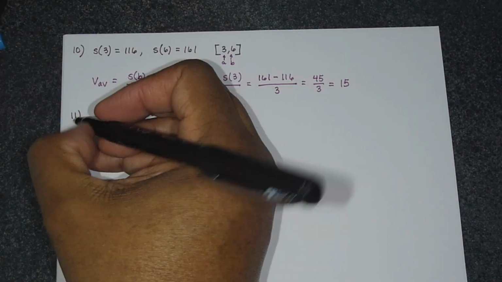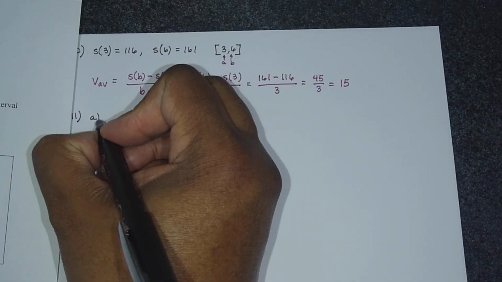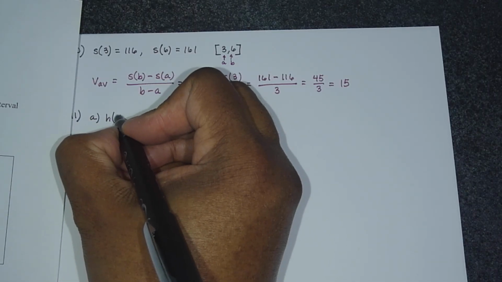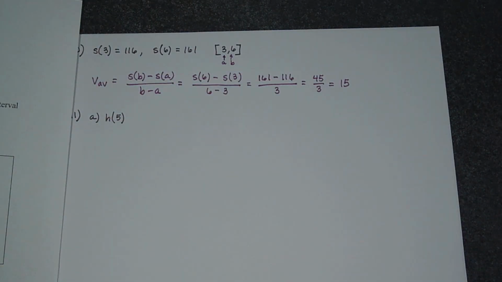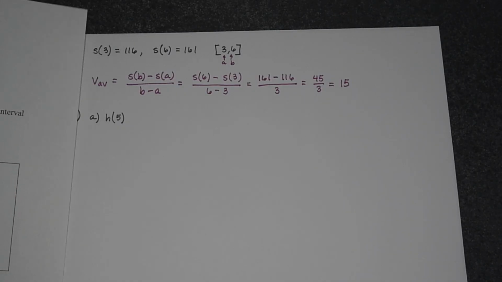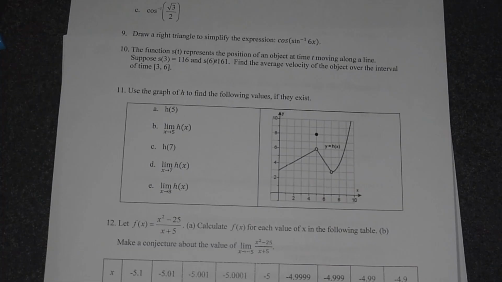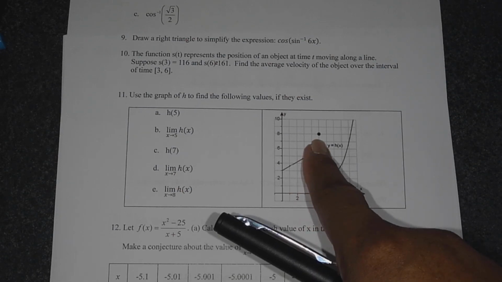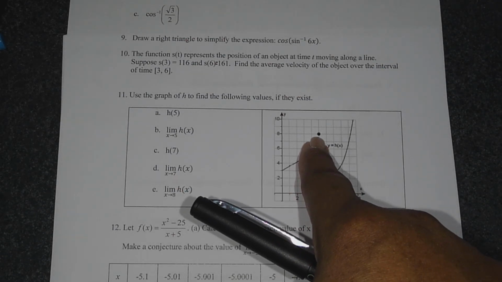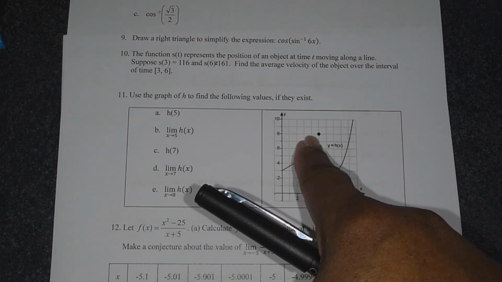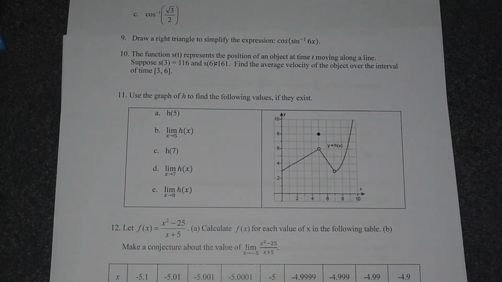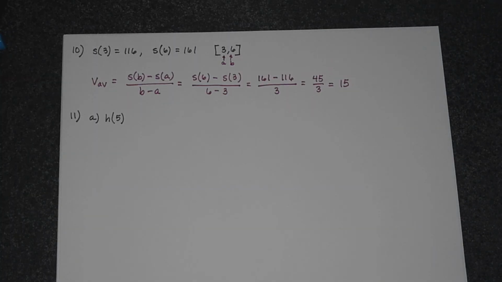Starting with part A, we want to know what h of 5 is going to be. It's 8, because here's 5 right here. At x equals 5, the corresponding y value is 8. So h of 5 will be 8.